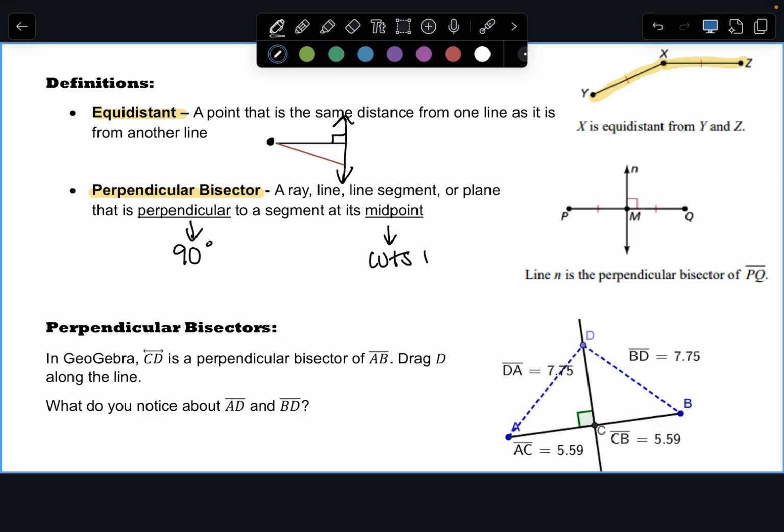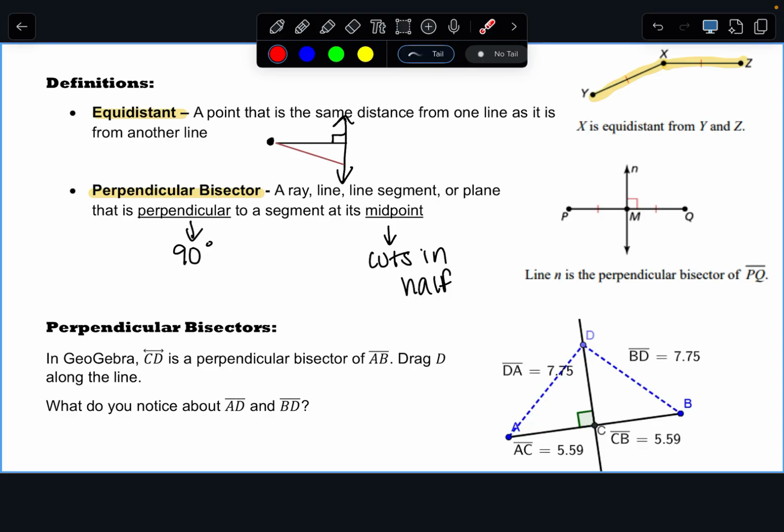So what we have here is a segment, or a line, like line M, that goes through another segment at a 90 degree angle, and it cuts it in half. So those two pieces are the same. They're congruent. So that's a perpendicular bisector. It's perpendicular and it bisects.